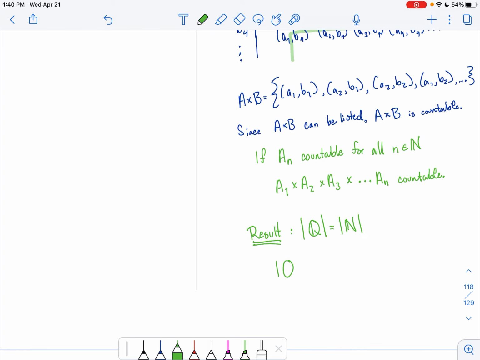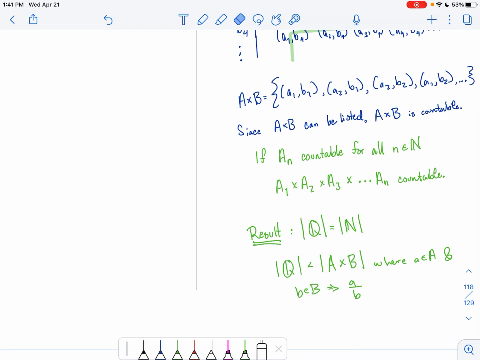And we can show this by saying that the rational numbers are going to have a cardinality that's less than or equal to that of A times B, where a in A and b in B can be written as a fraction like the rationals, and this set's going to be bigger because there are plenty of unsimplified versions of fractions.